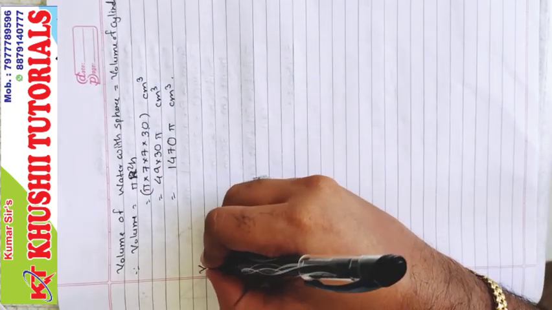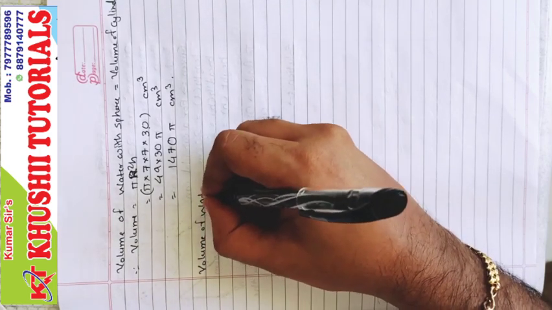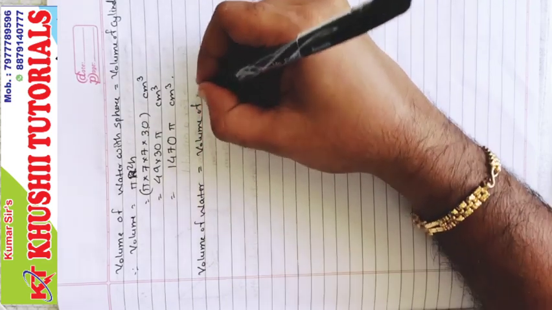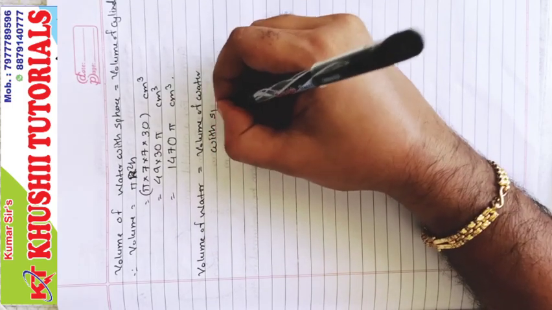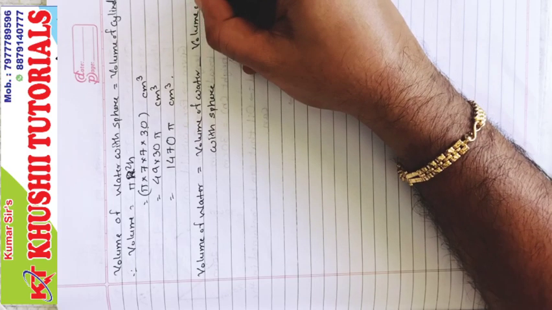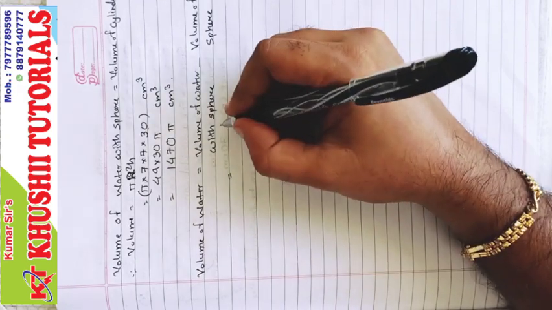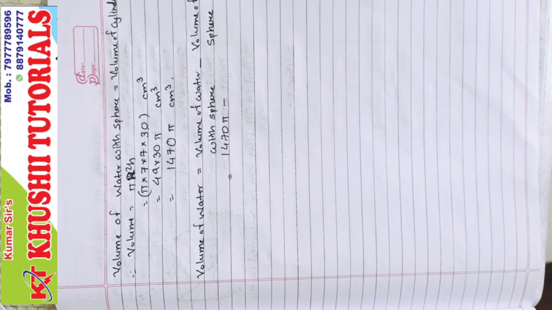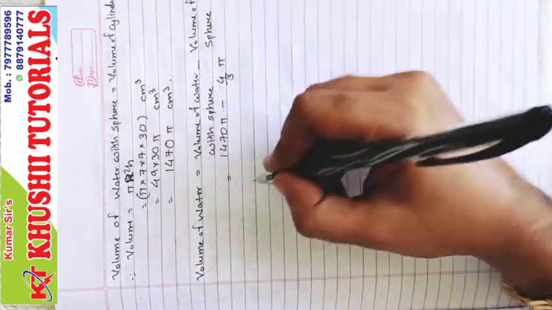Now the volume of water is equal to the volume of water with sphere minus the volume of sphere. So the volume of water with sphere is 1470 pi, and the volume of sphere is 4 upon 3 pi.